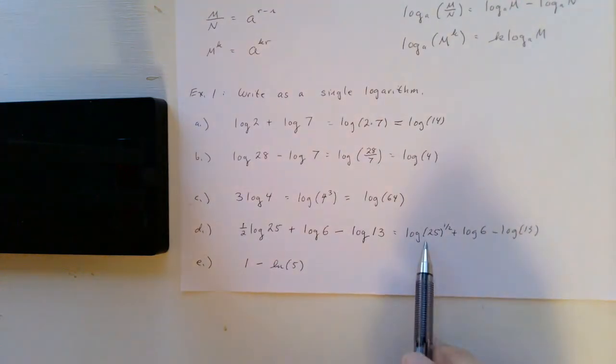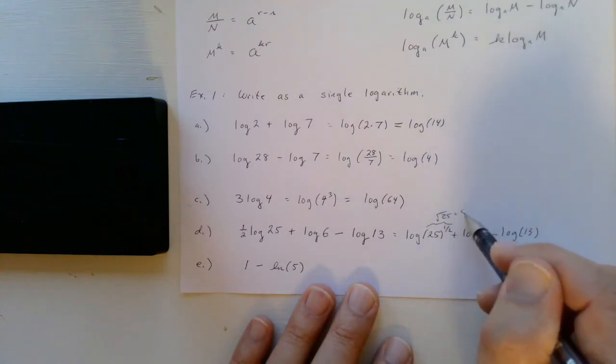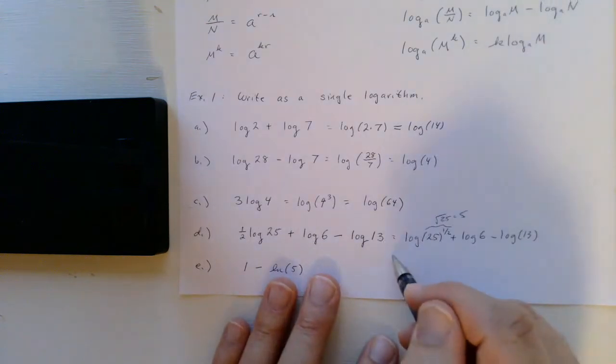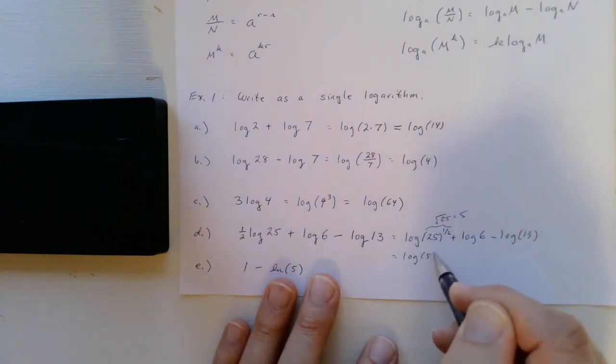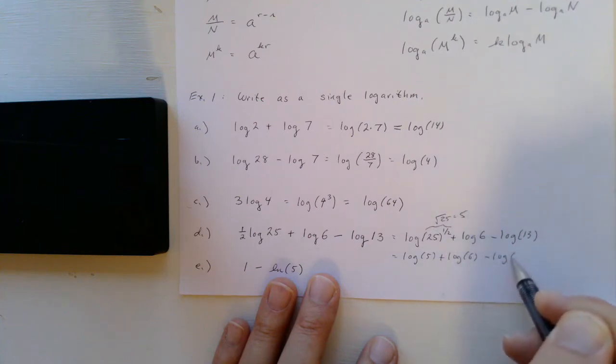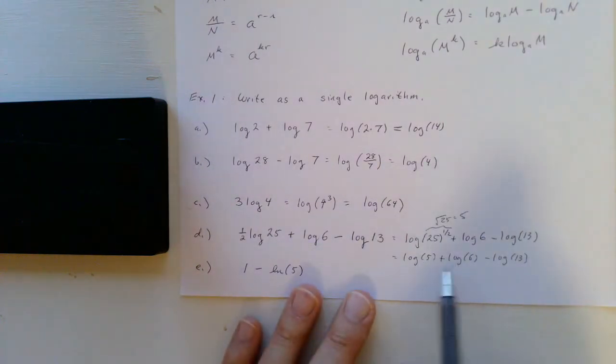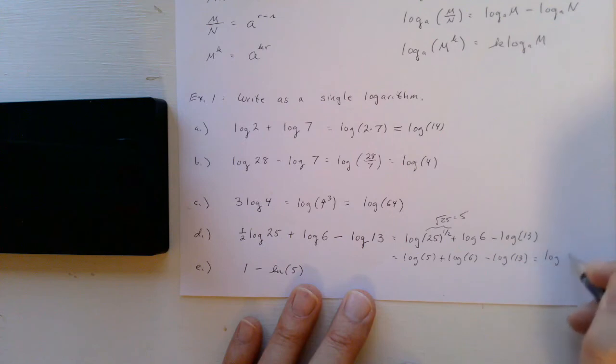And 25 to the 1/2 is the square root of 25, which is 5. So this is the log of 5 plus the log of 6 minus the log of 13. When you add these two, this is the log of 5 times 6, and then you divide by 13. So this is the log of 5 times 6 divided by 13, which is the log of 30 divided by 13.